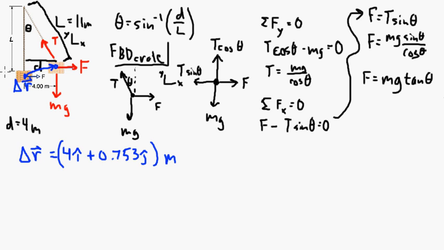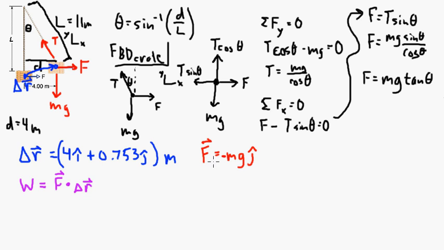Okay, so now what is the force acting on this thing? I should point out that we can find the work done by a force, if the force is constant, simply as F dotted with delta R. If we know the force, we can express the force due to gravity as a vector, and we express delta R as a vector. We can just take the dot product to find the work done. So the force due to gravity is mg, in the negative j hat direction.